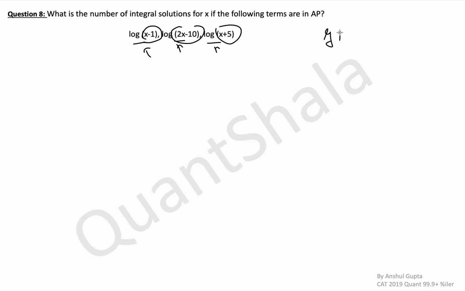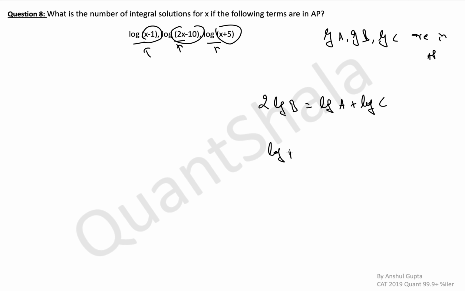So simply if you say log A, log B, log C are in AP, what does it mean? Twice of log B is equal to log of A plus log of C. This becomes log of B square is equal to log of A into C. This becomes B square is equal to AC.